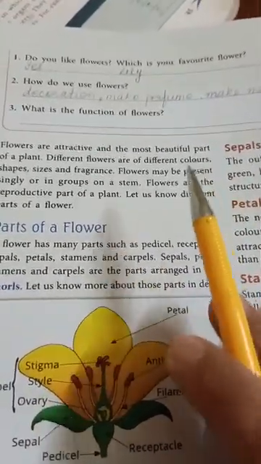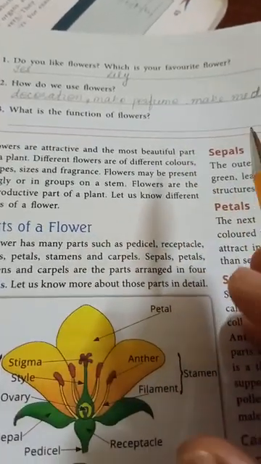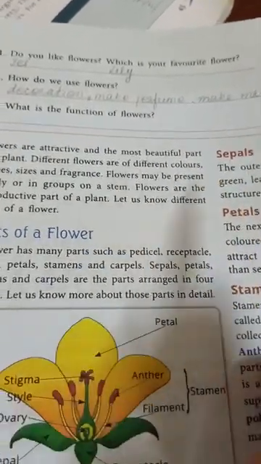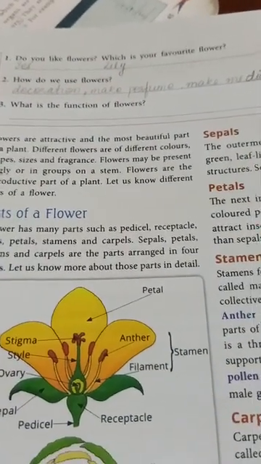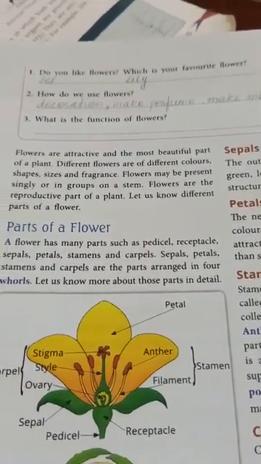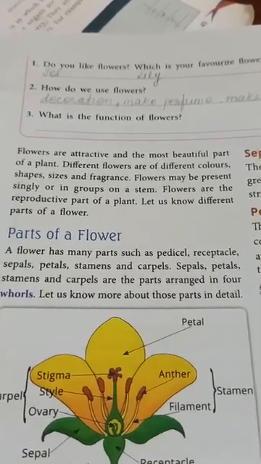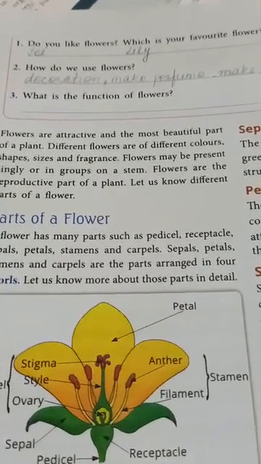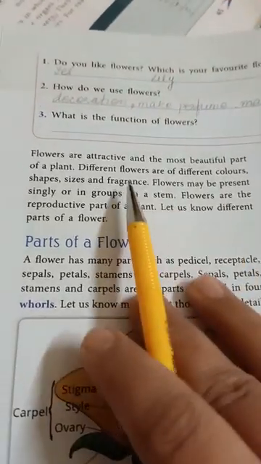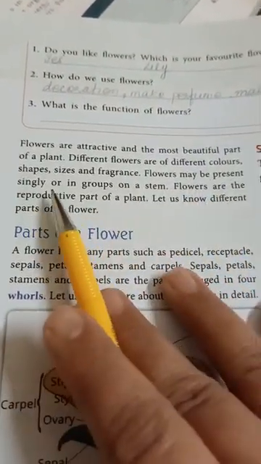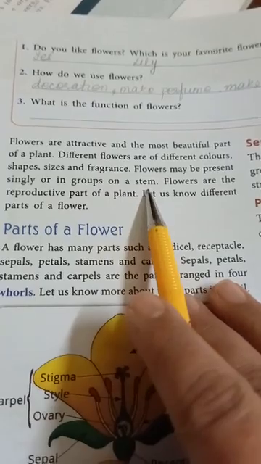For example, a rose is different from a hibiscus, a lily, and a lotus. Different flowers have different shapes, different sizes, and different fragrances.